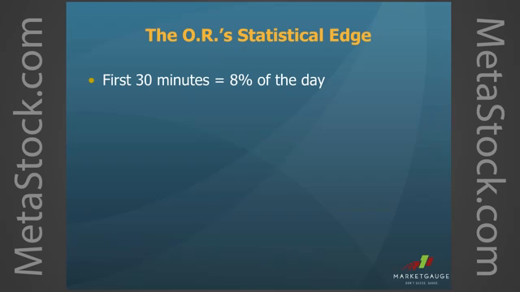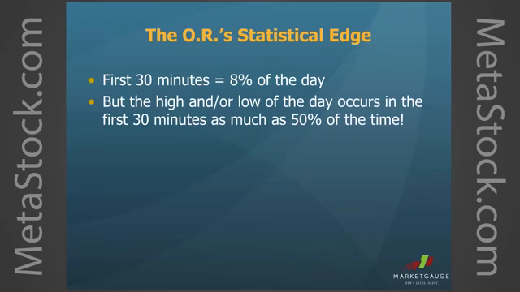The 30-minute opening range means it's the first 30 minutes of the trading day. Now that represents 8% of the trading day in terms of time. However, the high or the low of the day occurs 50% of the time in that first 30 minutes.